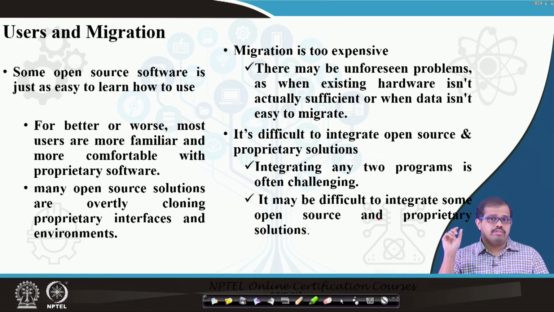But when you look at migration, normally in proprietary software, migration is extremely expensive. There may be unforeseen problems, such as when existing hardware isn't actually sufficient, or when data isn't easy to migrate. In those cases, you will have to put in a lot of effort or spend your precious time looking at the migration issues. Whereas in open source, you will never have such issues.